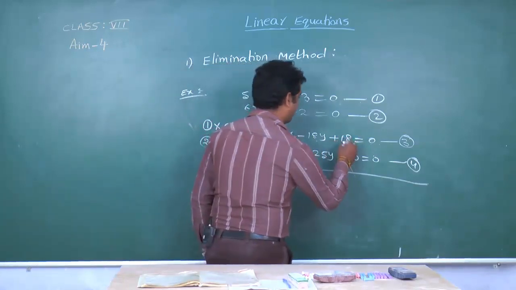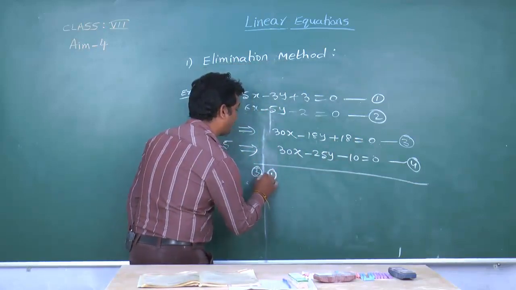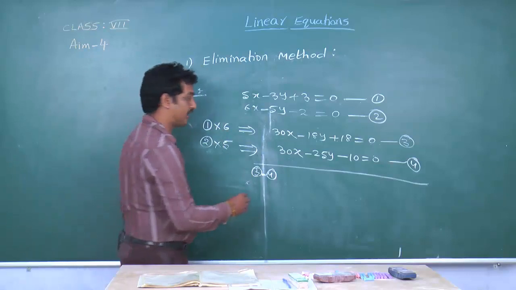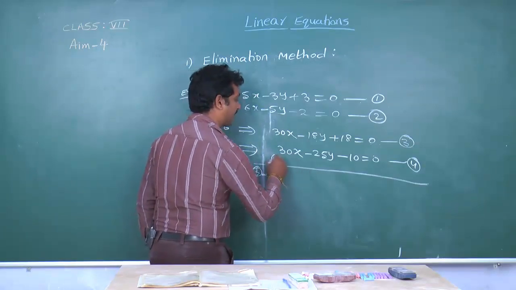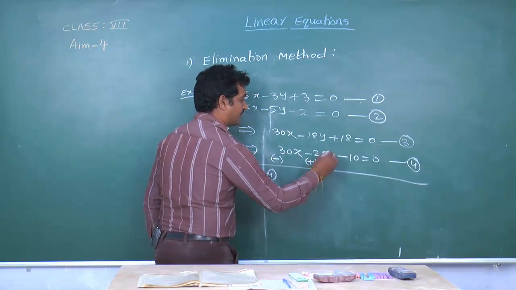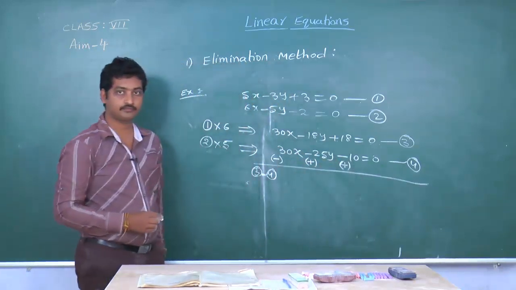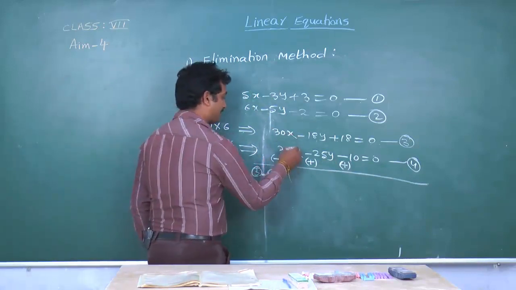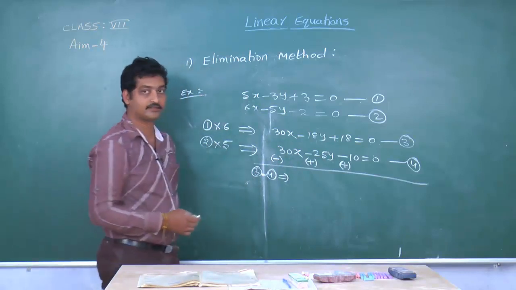Now subtract 3 minus 4. Do 3 minus 4. Then the signs will be changed. It becomes minus, it becomes plus, it becomes plus. Now 30x gets cancelled, nothing is remaining there.